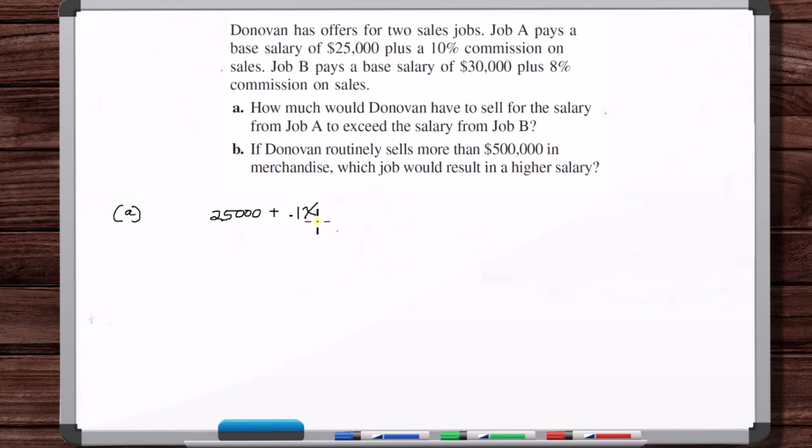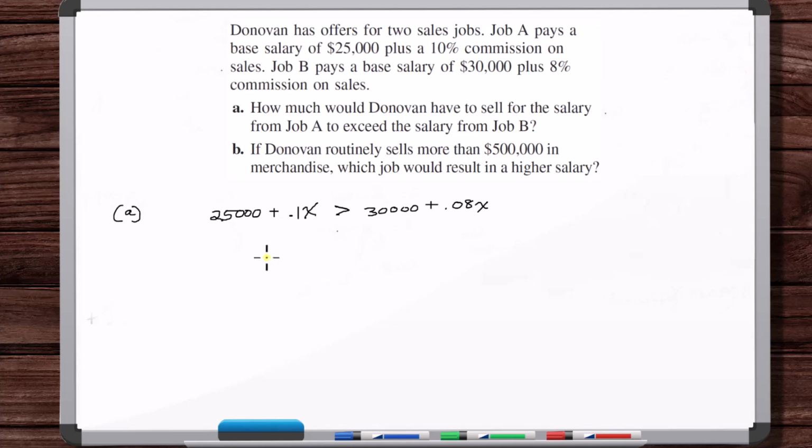So this needs to exceed, it says, greater than, right? Not greater than or equal to, because if it's equal, then just take job B, right? Okay, so it is greater than 30,000 plus 0.08x.